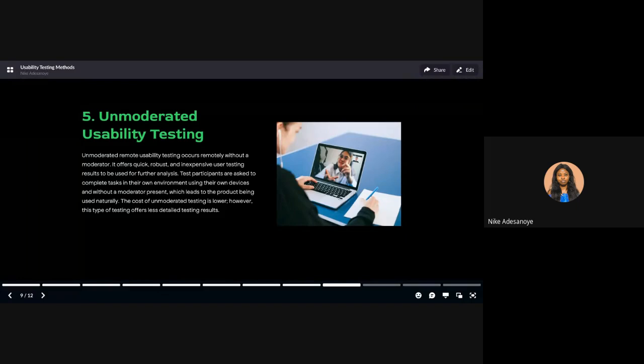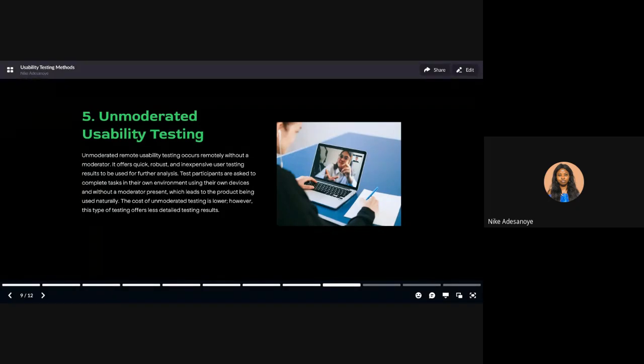So I would say that you can use this to validate what you got from your moderated usability testing, right? Oh, we already did the moderated usability test, or the lab usability testing. So now let us validate all the results that we've got.